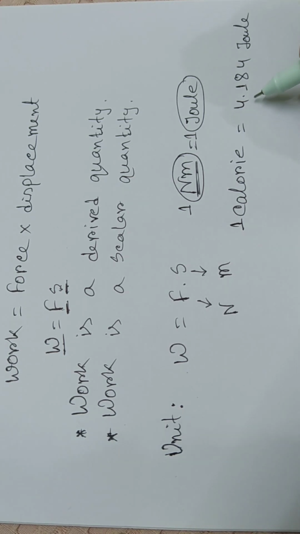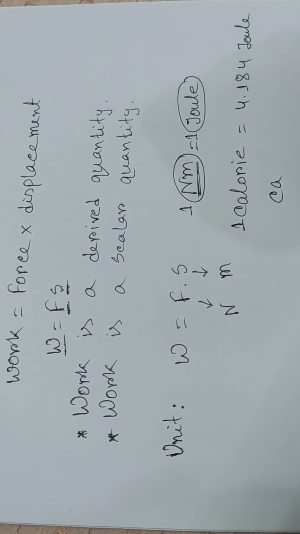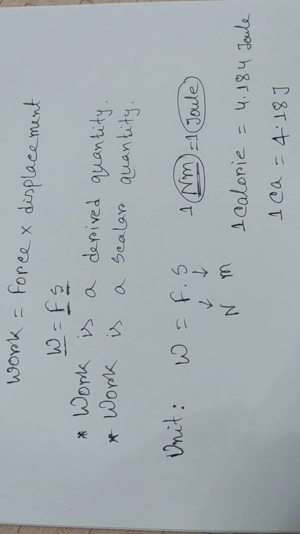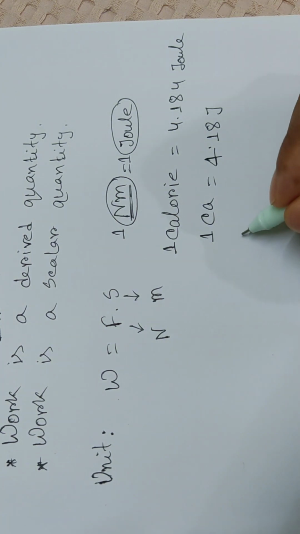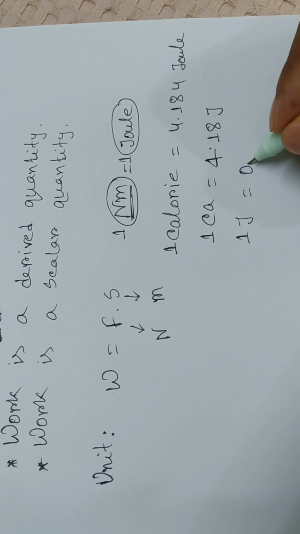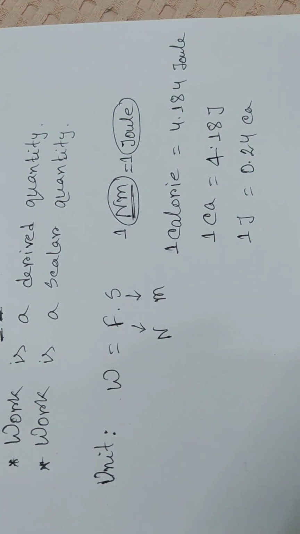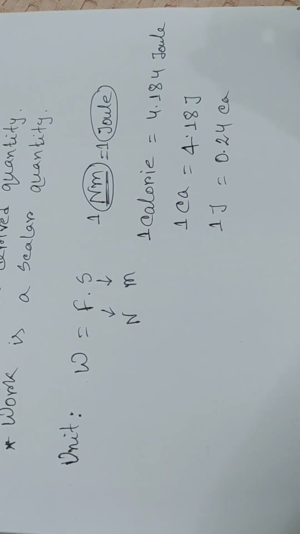Sometimes it is written as 4.2 joule, and its short form, calorie, is written CA. That's why we can tell 1 CA is equal to 4.18 joule. If we want to convert joule into calorie, then 1 joule is equal to 0.24 calorie. This is about the unit of work.